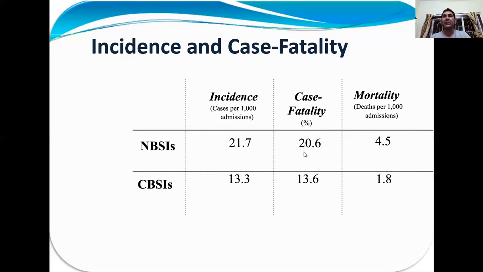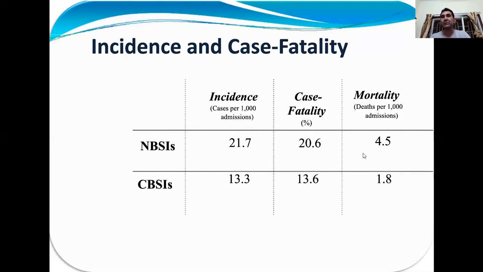Now see the case fatality. Case fatality means how severe the disease is in causing death. So 20.6% is the case fatality in nosocomial infection as compared to community acquired infection.